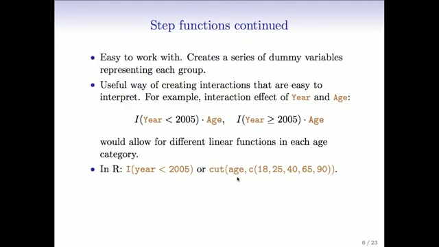And if you want to cut in more than one place, there's a function called cut. So you can cut age, and you give it the cut points. You need to give cut the two boundary points as well. And so in this case, 18 and 90, those are the ranges of the ages. And then the interior cut points. And it'll create a factor for you, an ordered factor, that cuts the variable into those bins.